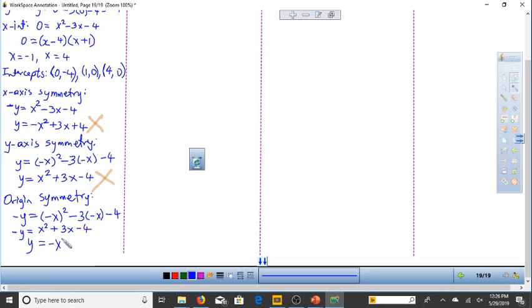We simply get negative x squared minus 3x plus 4. So that means we are not dealing with any of the standard symmetries. No symmetry, at least none of the symmetry that we're dealing with here.